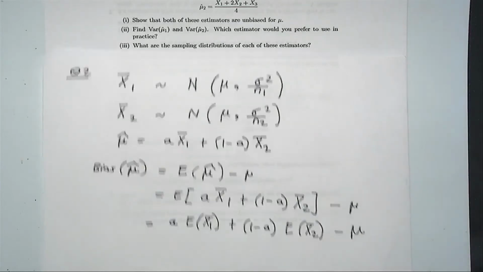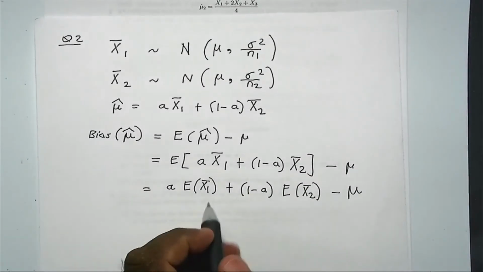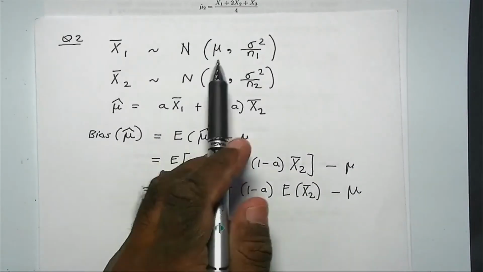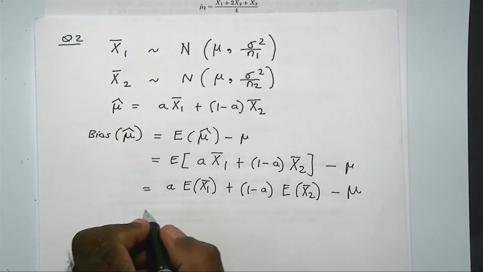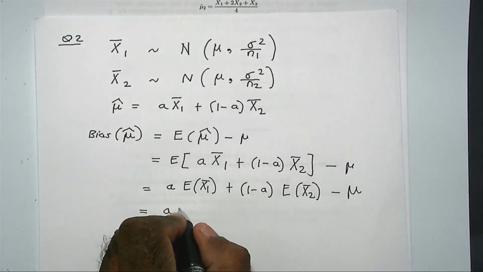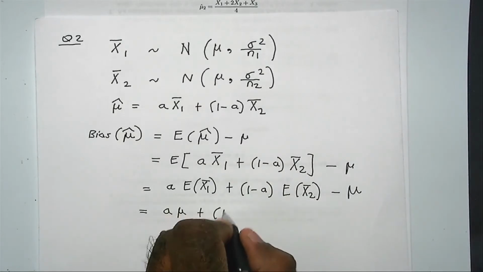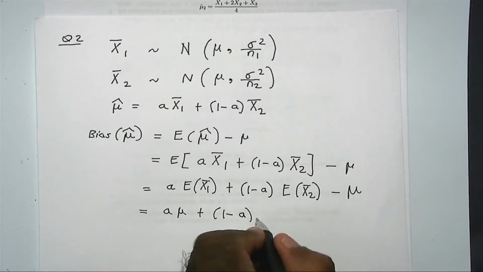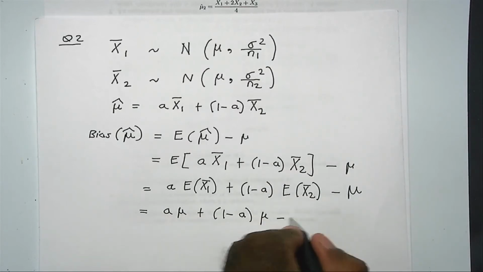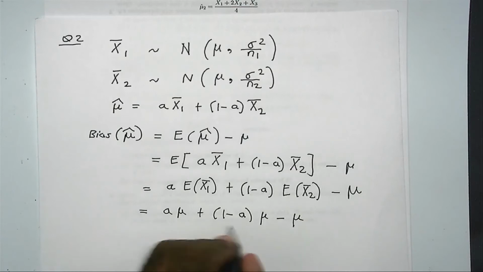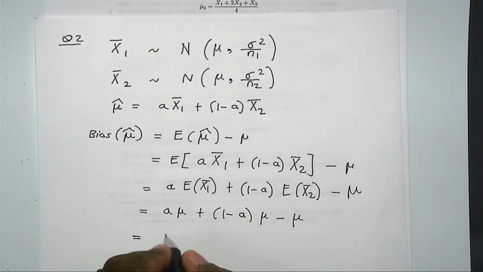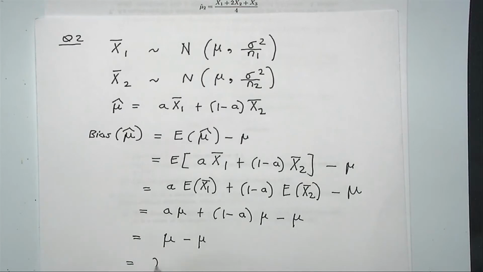Now we know that x bar 1 has this distribution, so the mean is mu. And similarly, x bar 2 also has mean mu. And this is clearly equal to mu minus mu, which is 0.